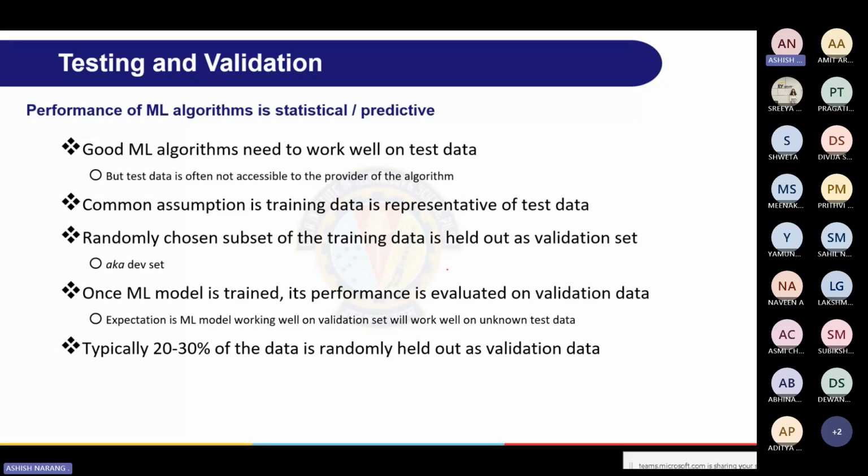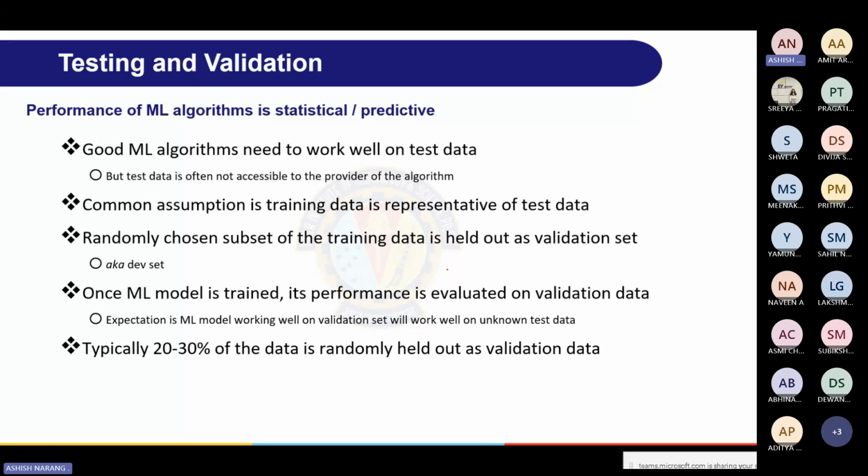So for the performance of an ML algorithm, the first point says it's statistical or predictive in nature, meaning that machine learning models are not judged only by how well they memorize the training data, but how accurately they can predict the outcomes on new unseen data. Look at our email classification example, spam or not spam.